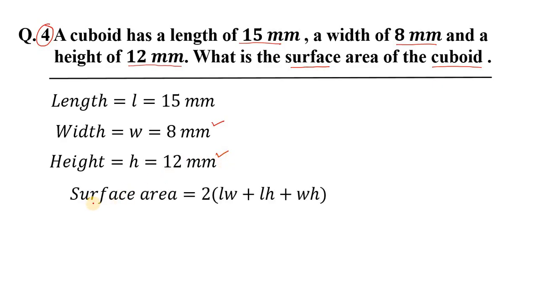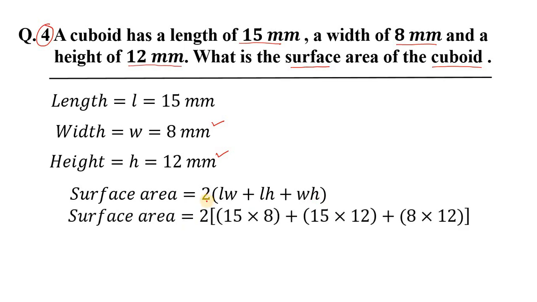So the formula to find the surface area of a cuboid is surface area equal to 2 into length multiply W plus length multiply H plus WH. So 2 is the same, first one is length equal to 15 and second one is W equal to 8.